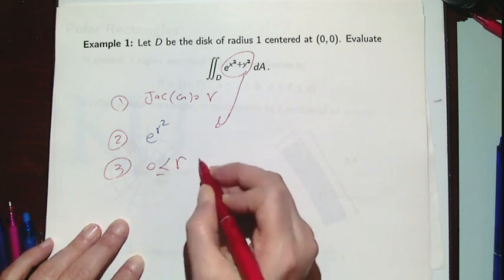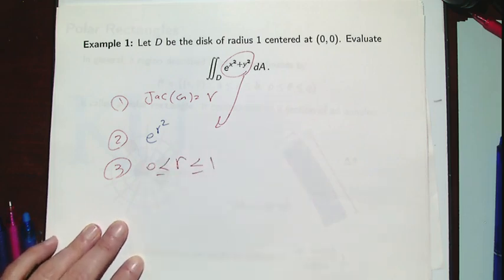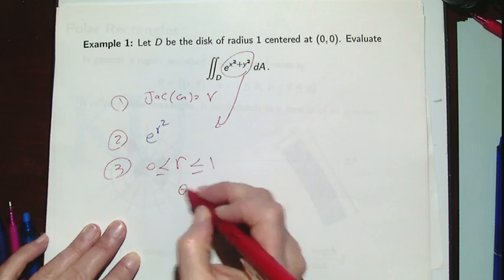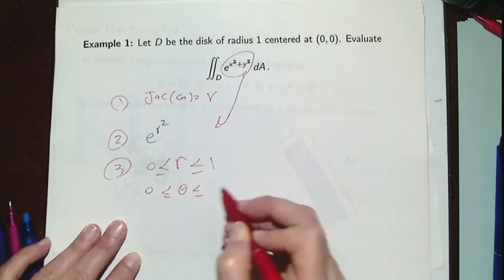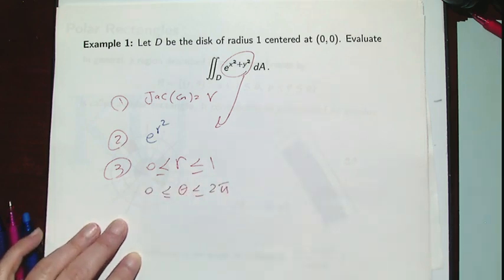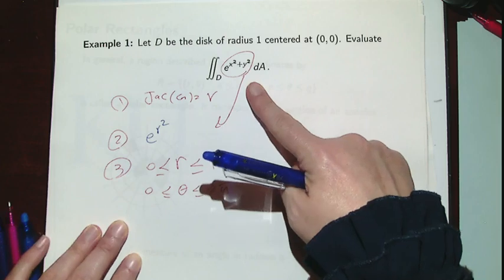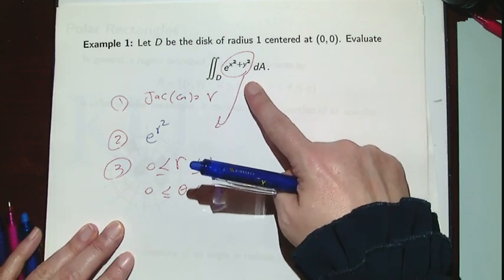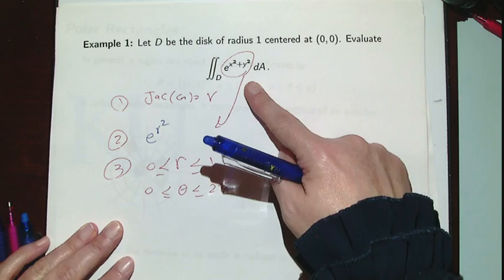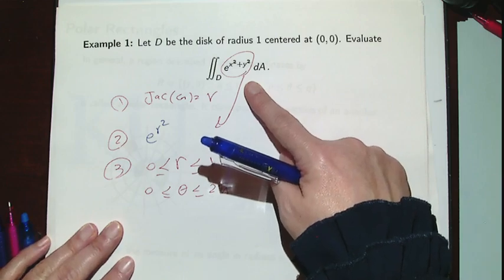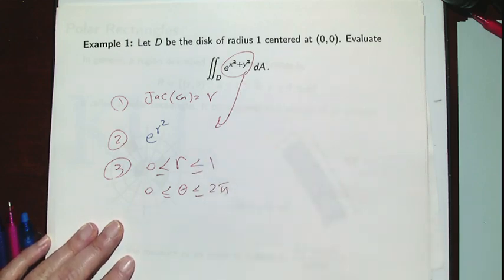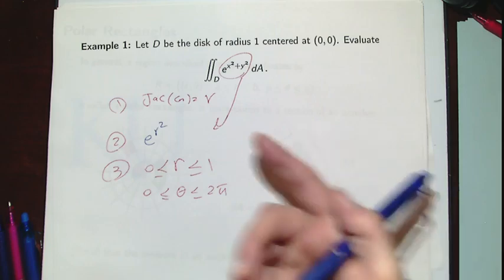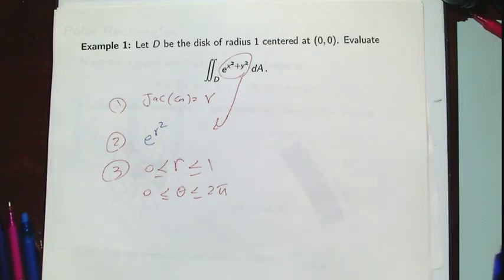R is between 0 and 1. On the disk, what is theta between? 0 and 2 pi. You guys know this is basically a non-elementary function, right? Non-elementary either in the X direction or the Y direction.